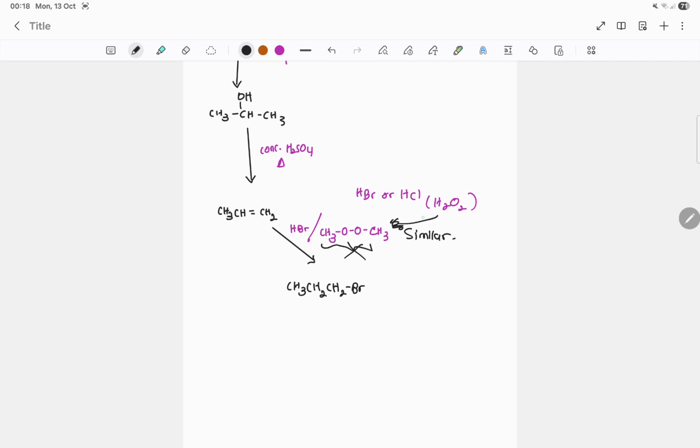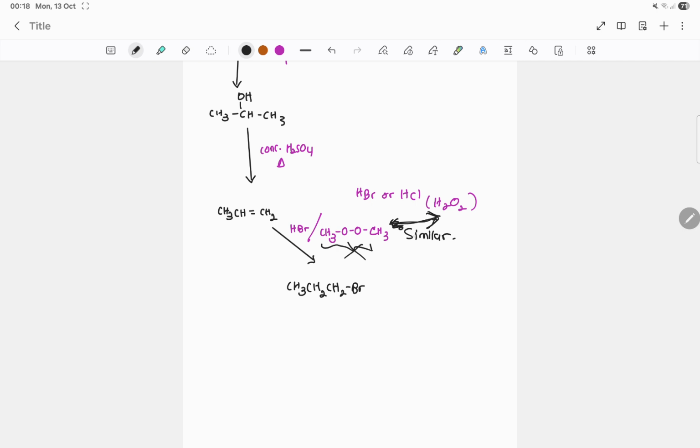This is similar to H2O2. If H2O2 is not added, hydrogen will go and bind to the place where hydrogen is more, which is known as Markovnikov's theory. It will go and bind to the place where hydrogen is more.